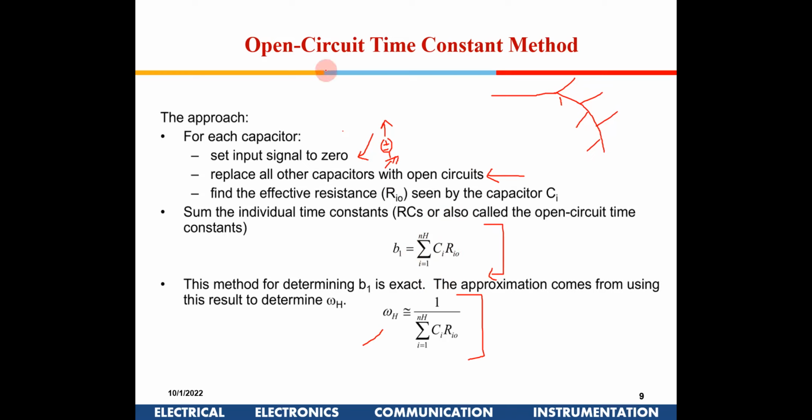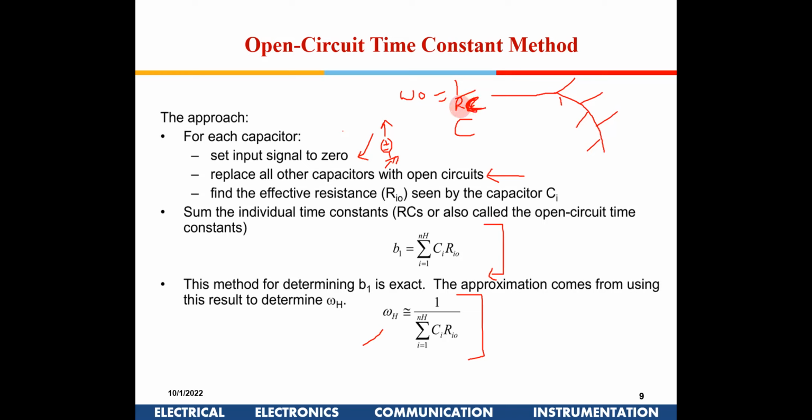Okay, so basically what an open circuit time constant method does is, there will be several capacitances in the circuit. For each capacitance, you have to find out omega 0 is equal to 1 by RC. So that will be one frequency by that RC combination. Now to find out each capacitance, what is the resistance which is coming in combination with it.